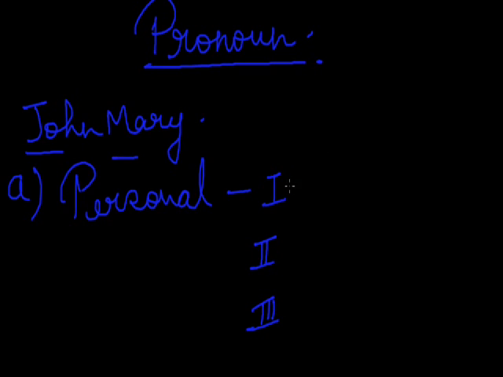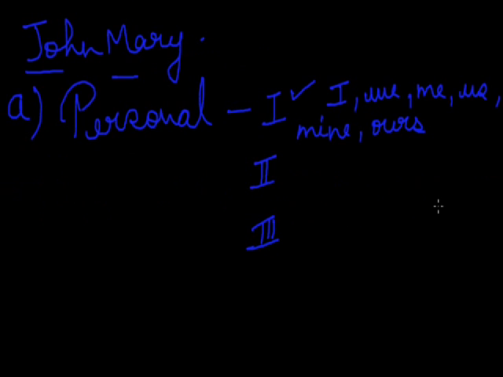In the first person, the pronoun refers to the person speaking. For example, I, we, me, us, mine, and ours. And in the second person, the pronoun refers to the person spoken to, and the pronouns are you and yours.